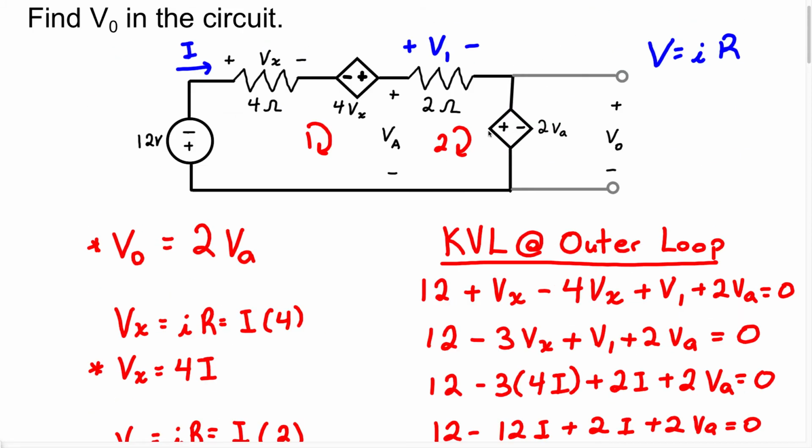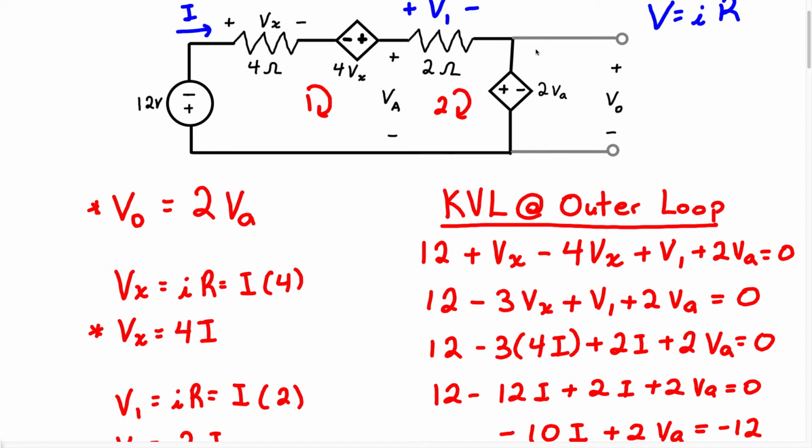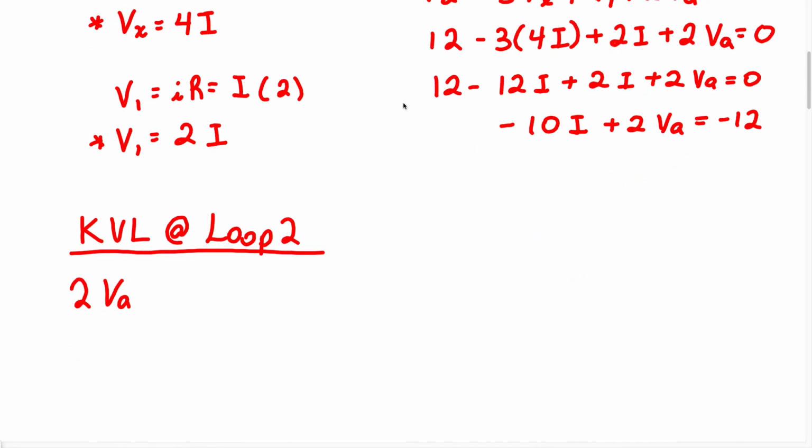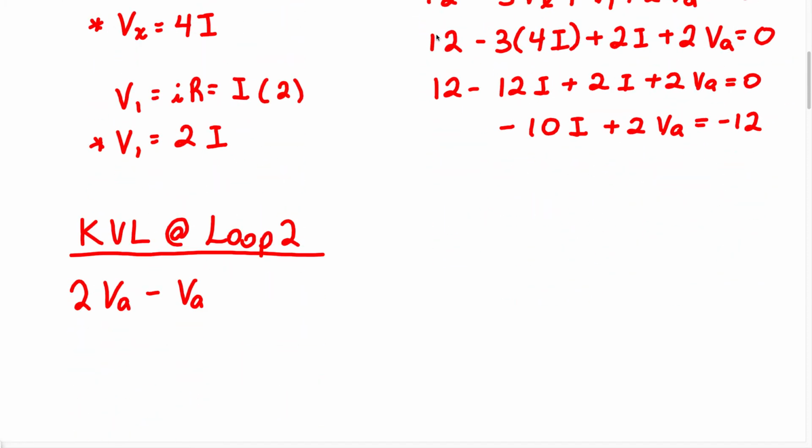I'm going to start at this voltage source right here. I know we're going to go into the positive terminal. So I'm going to write this as 2VA. Now as we come down, we have a negative VA. So we have a negative, minus VA, plus V1.